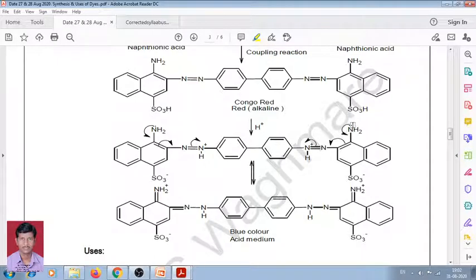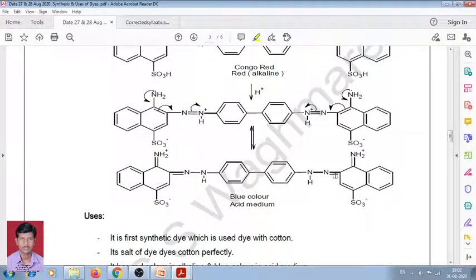Means it has a lone pair of electrons which is conjugated with this N and carbon bond, then this single bond is conjugated with the double bond, and then this single bond gets converted into a double bond, and the double bond gets converted into a single bond with the stabilization of positive charge on both sides. Therefore, after addition of H plus, an acid, to the Congo red, it becomes protonated and is stabilized by the resonating structure, and we get such type of diimino compounds, that is N double bond and double bond N.